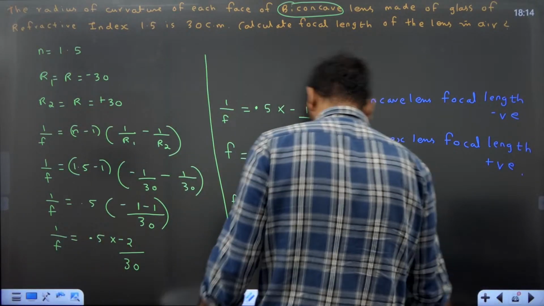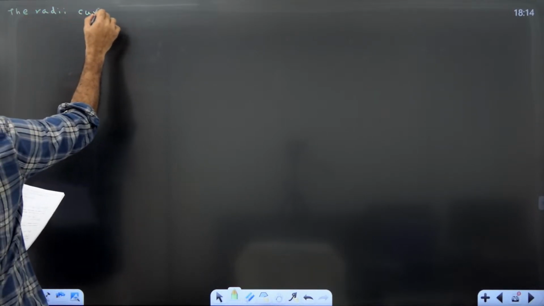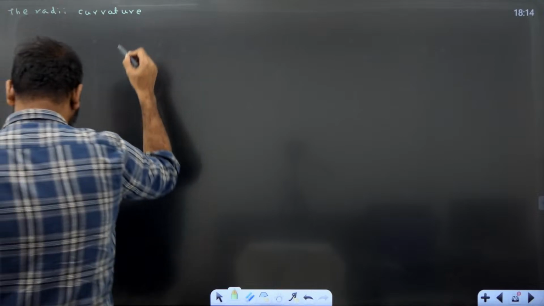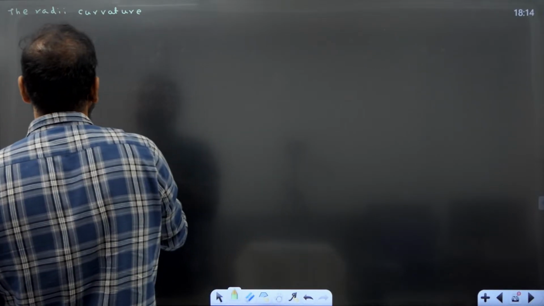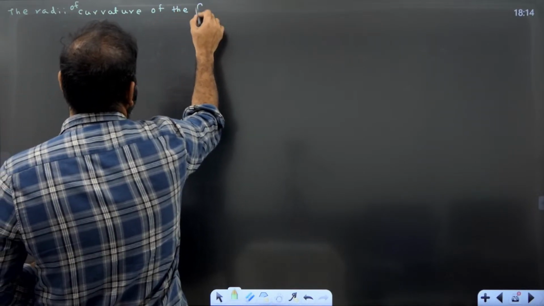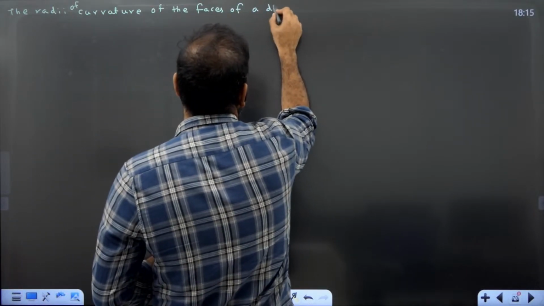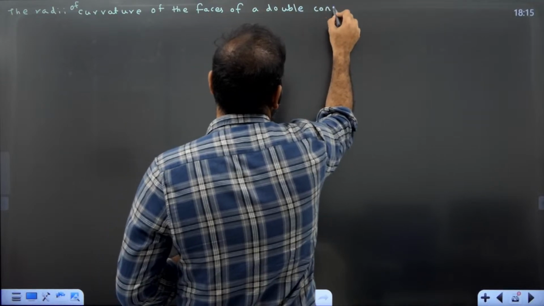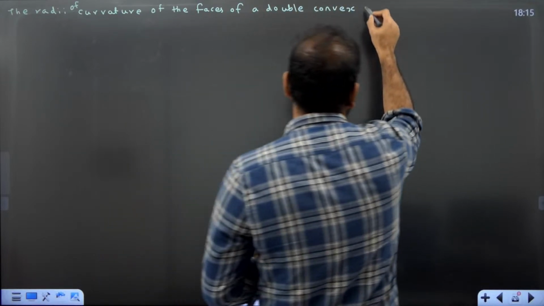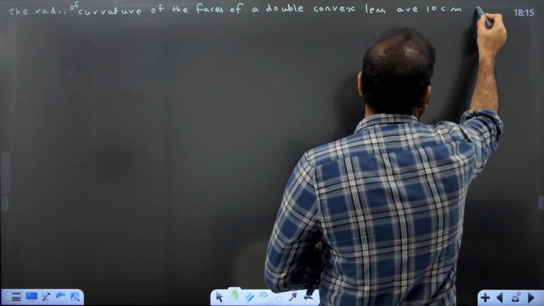Yes. Next. The radii of curvature of the faces of a double convex lens are 10 centimeter and 15 centimeter.